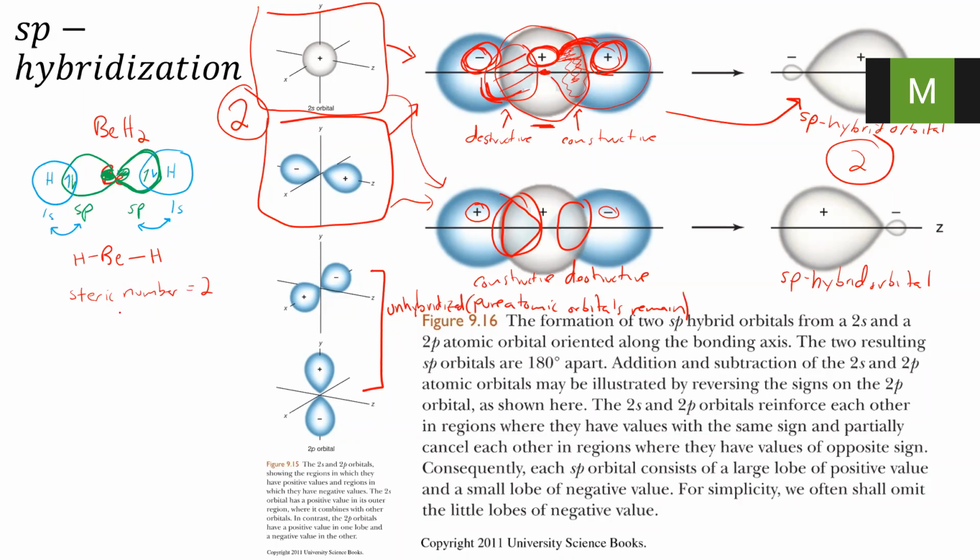If you see a steric number of 2, that is going to have sp hybridization, and that gives you this linear shape. In order to have a linear shape, you need to have 2 orbitals that are opposite each other in their orientation. This will also work for things like carbon dioxide.